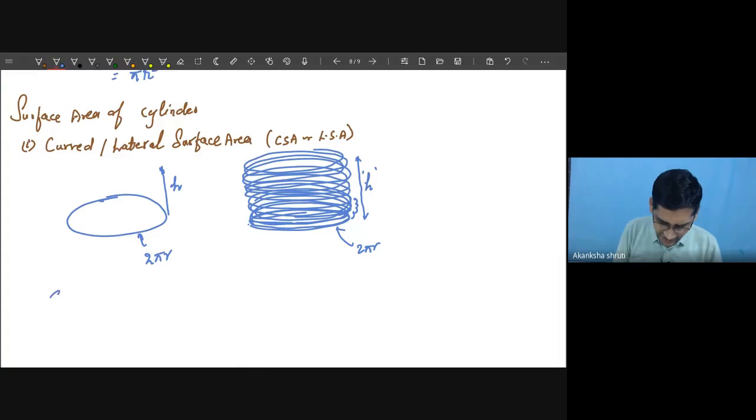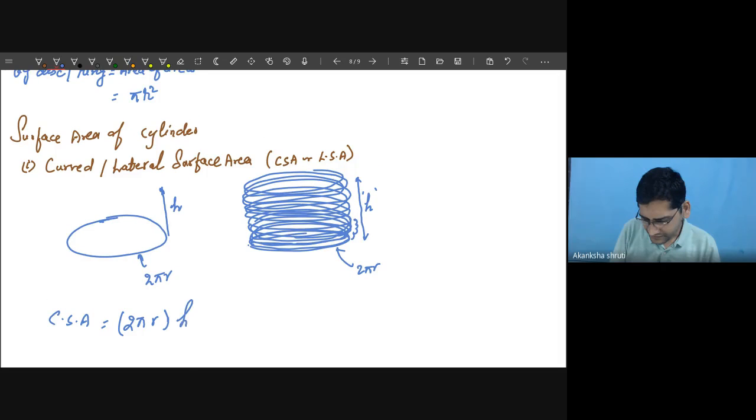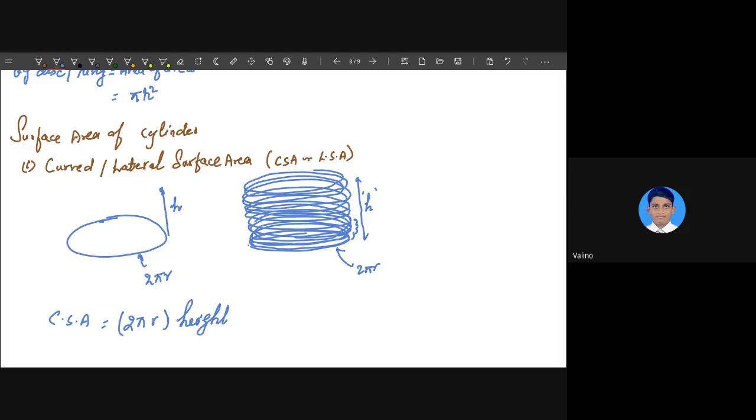So write this: CSA or LSA is obtained by multiplying this 2 pi r with the height.